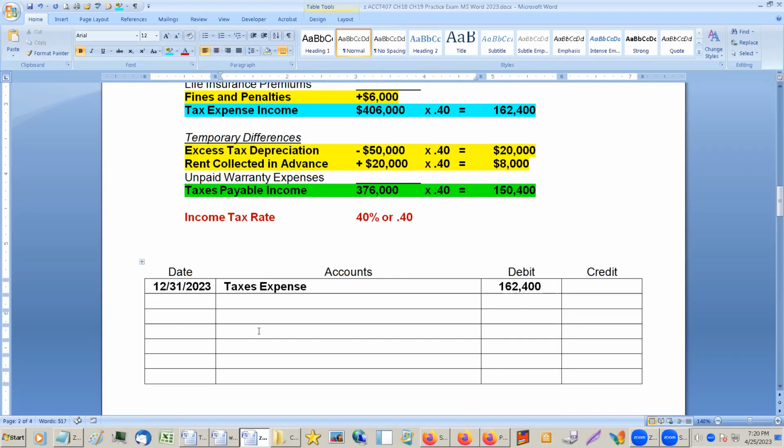Let's jump down to taxes payable. The liability going up, $150.